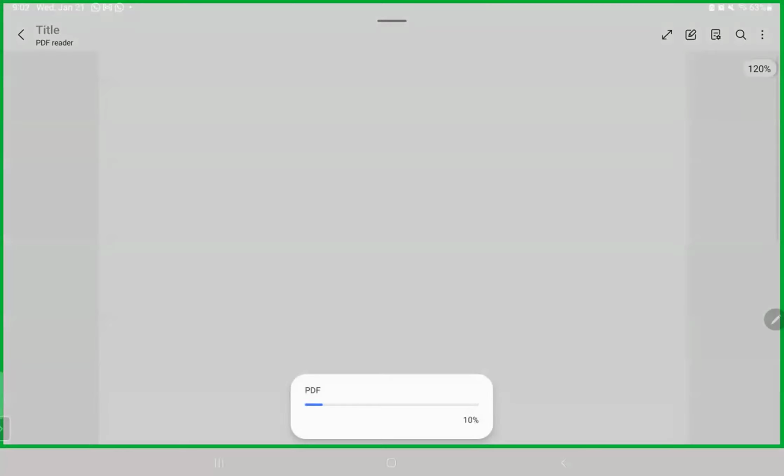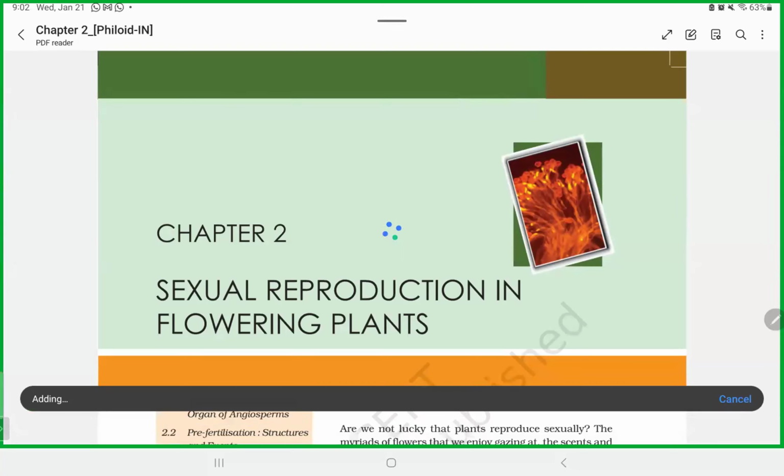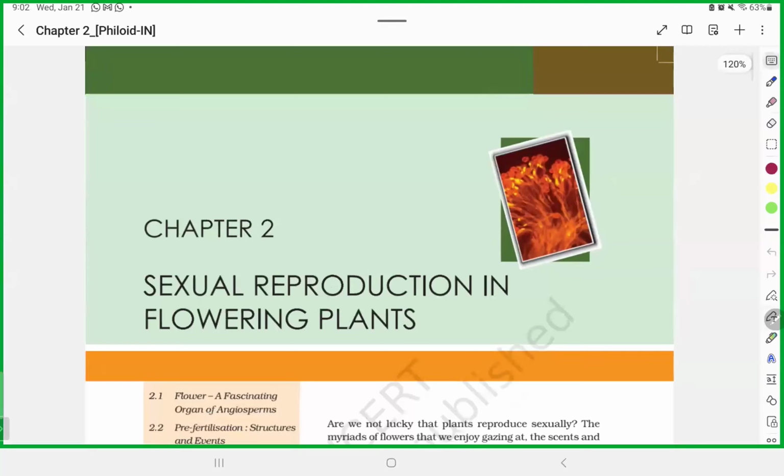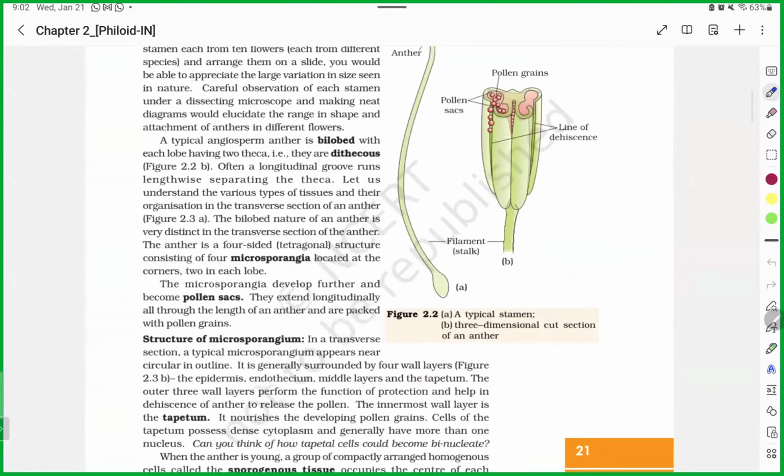Oh, I have this option. We add to the notes. Now it is added to notes. Even if we go back, do whatever, it will be saved.